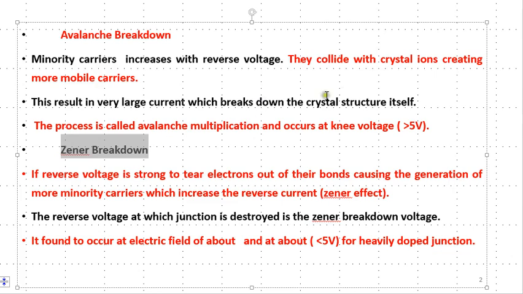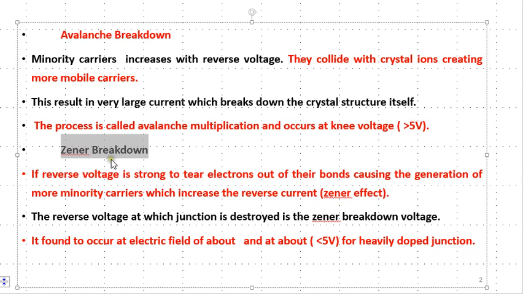This process of increasing the reverse voltage, which increases the collision of the molecules in such a way that more charge carriers are generated and current keeps on increasing, we call avalanche multiplication, and it occurs at the knee voltage, and the knee voltage is greater than 5 volts.